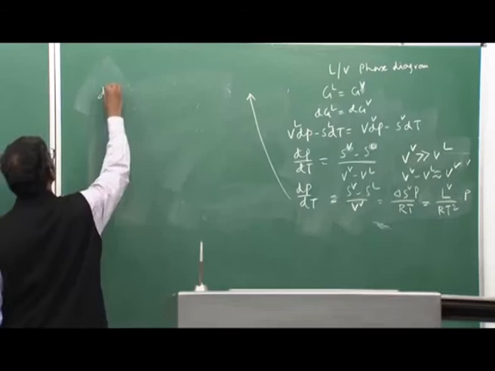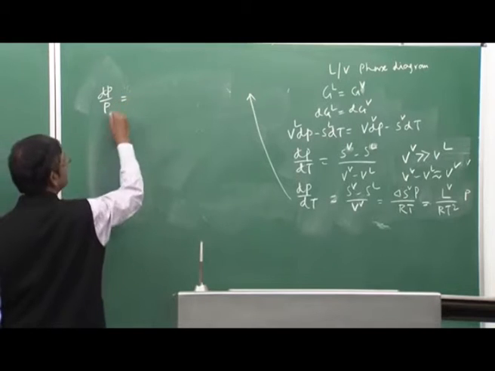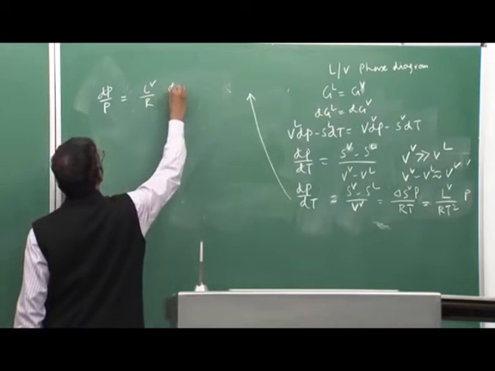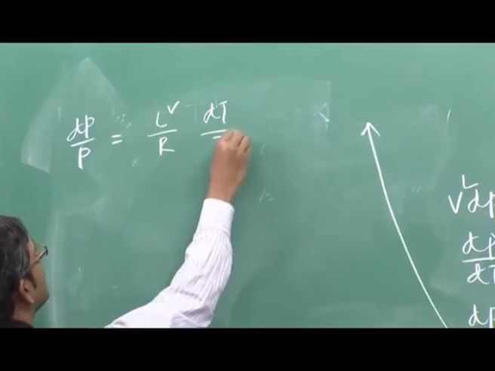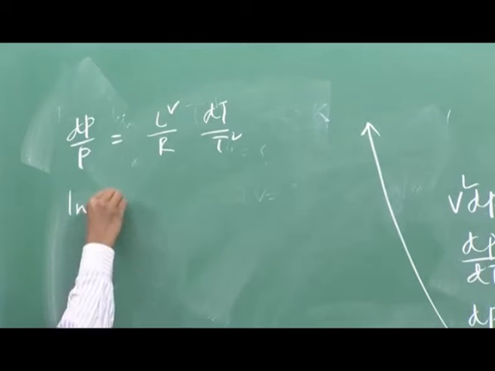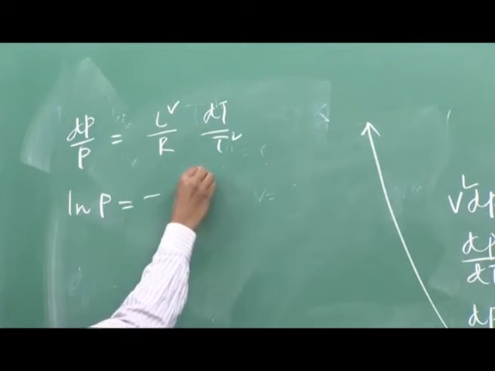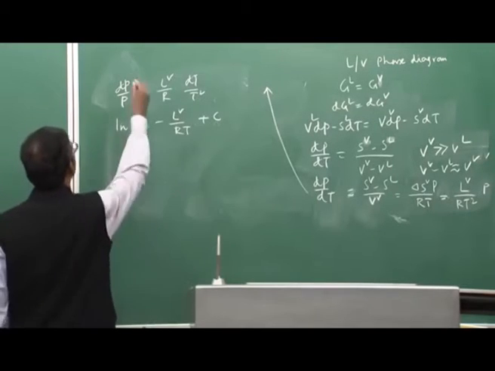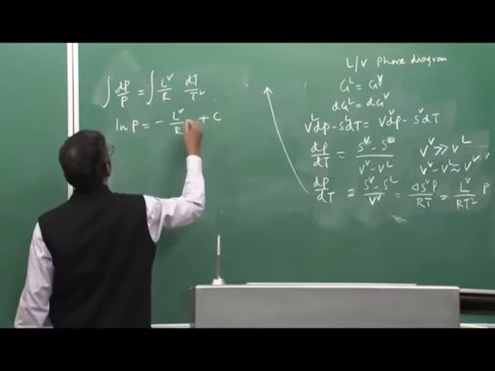So I can write down dP by P is equal to LV by R dT by T square, right. If you integrate that, you will get log of P equal to minus LV by RT plus a constant, that is the integration constant, if you integrate on both sides, okay.